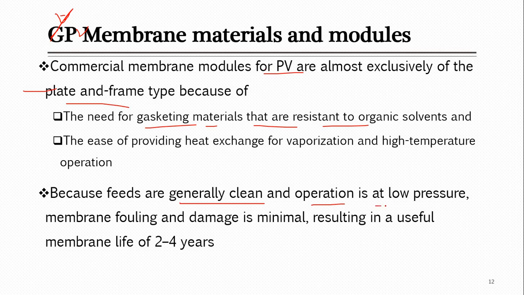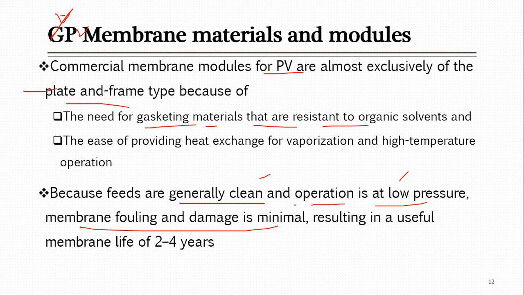Because you are operating them at low pressure as well. I have told you already that they are operated at low pressure as compared to reverse osmosis and gas separation. So due to all these advantages, clean feed and operation at low pressure, membrane fouling and damage is minimal in these types of membranes. A membrane can get damaged due to high pressure as well, due to fouling, due to accumulation of various other components on its surface.